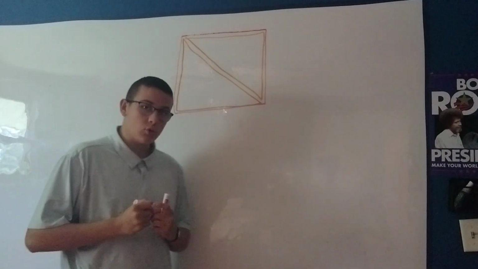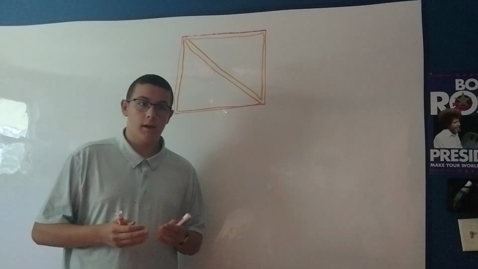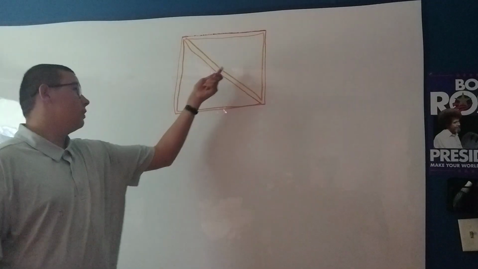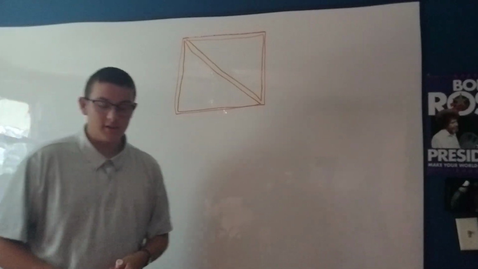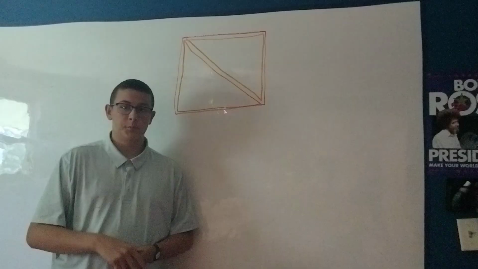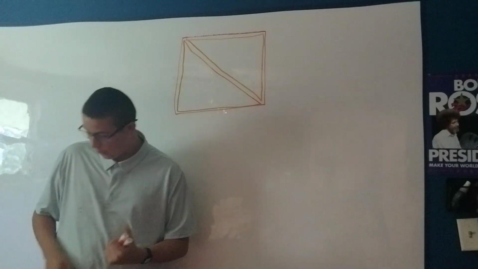So we can fit two triangles, two groups of 180, and 180 times 2 is 360, right? So that aligns with our 90s as well.